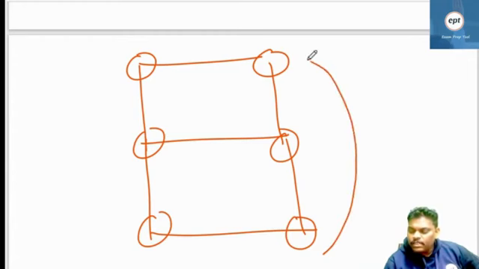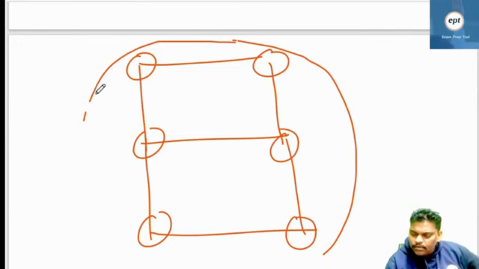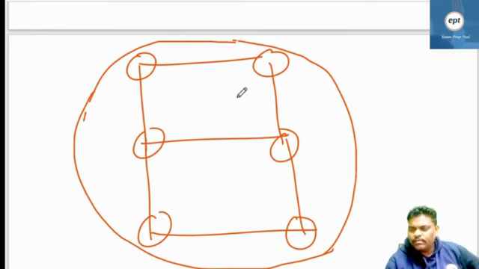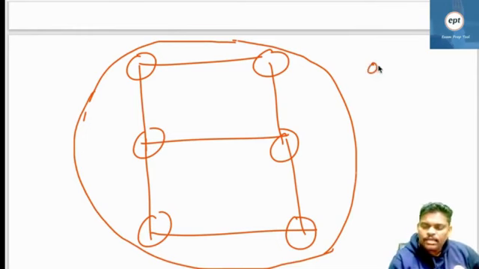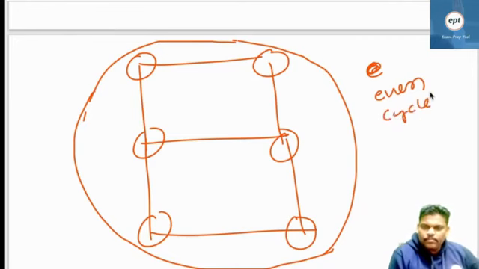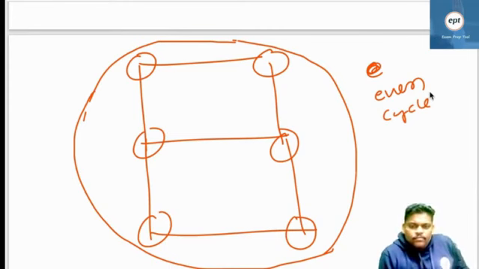Listen everyone now. Does this graph contain an even cycle or an odd cycle?